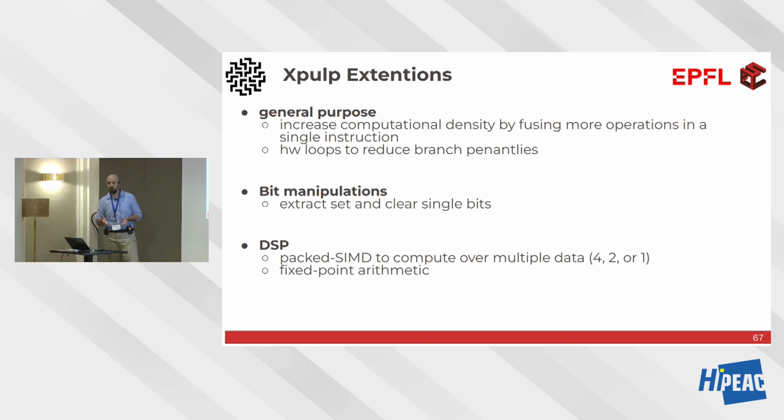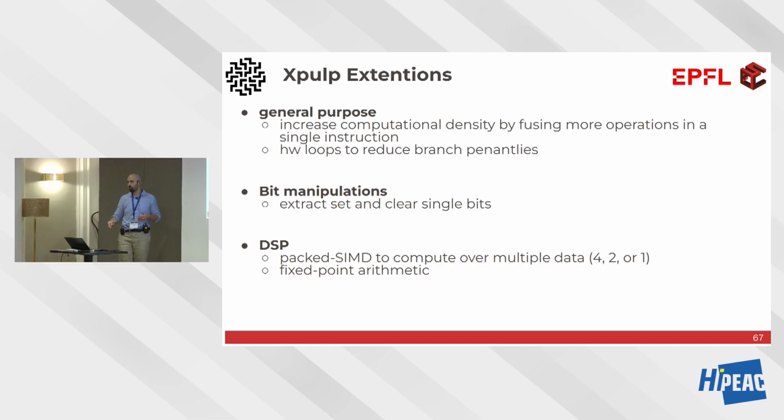Then you have bit manipulations, especially when you deal with peripherals and control code, which are useful extensions to manipulate a single bit in a word. For example, give me bit number 3 of register number 5. How would you do it in C? You have to shift and then do the AND, right?